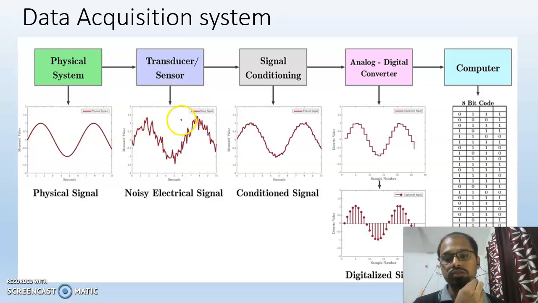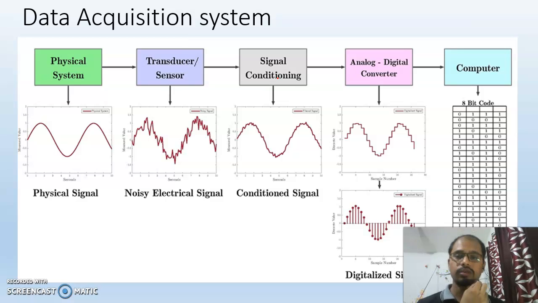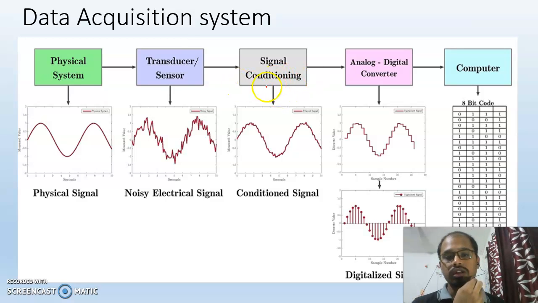So it has to become useful, a measurable signal, with the help of signal conditioning. This may be operational amplifiers or various amplifier circuits, and then the signal becomes measurable. If the signals are analog, we convert them with an analog to digital converter, and the digital signals are provided to the computer.